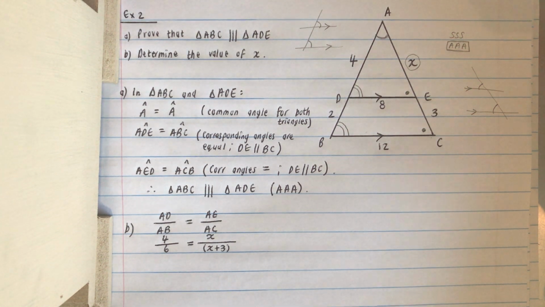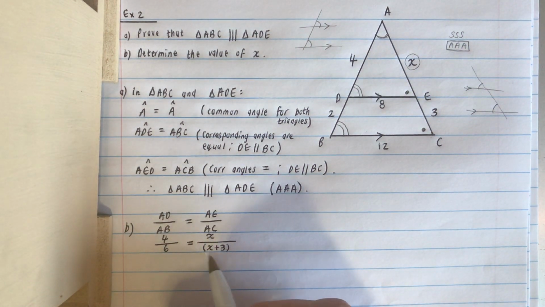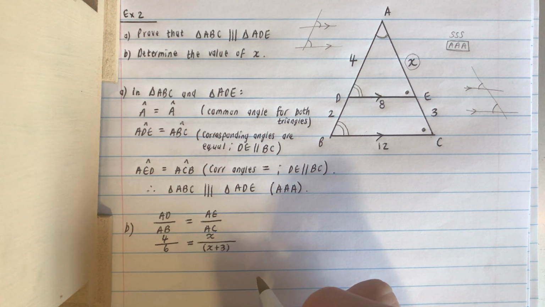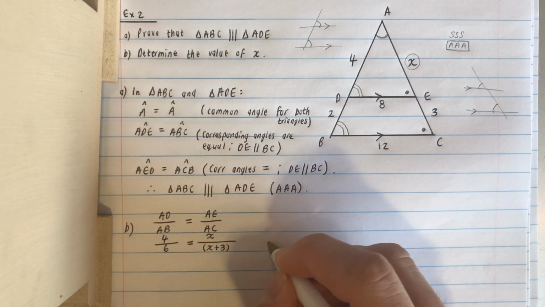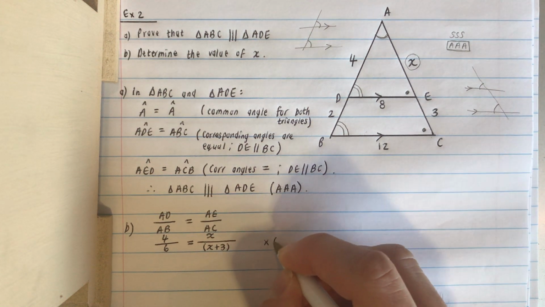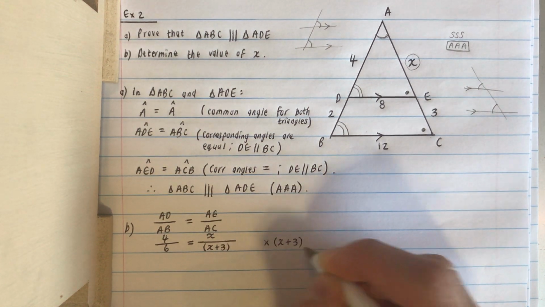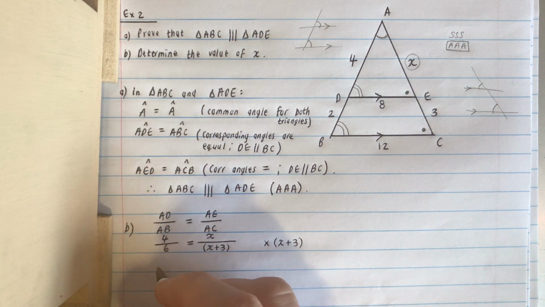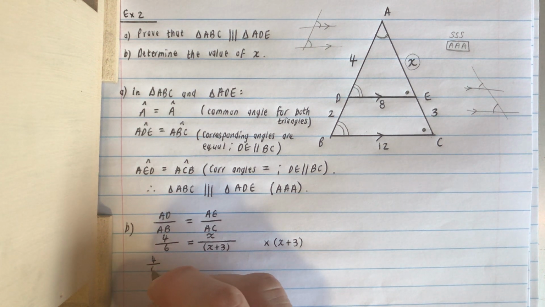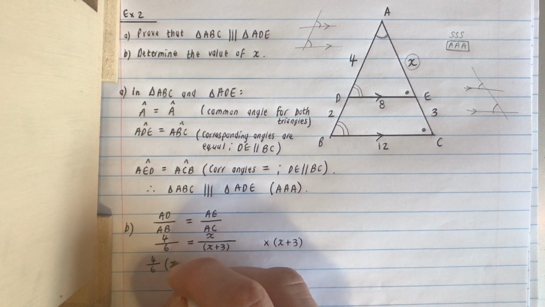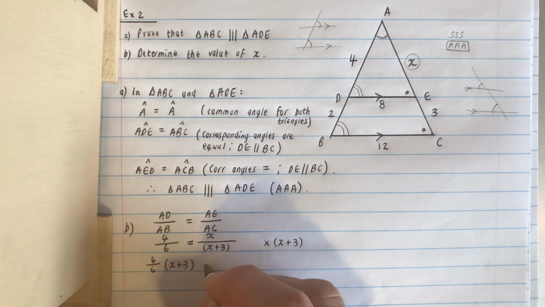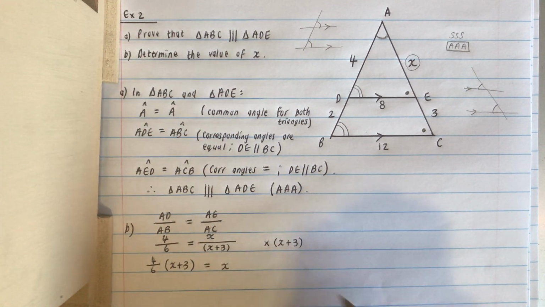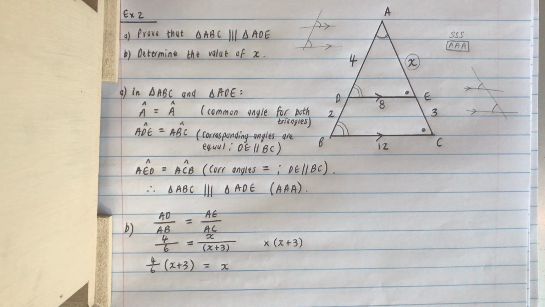Now we want to get rid of the denominator, so we will have to multiply with x plus 3, and we'll have to do it on both sides. So we get 4 over 6 multiplied with x plus 3, because what you do on the one side, you have to do on the other side.